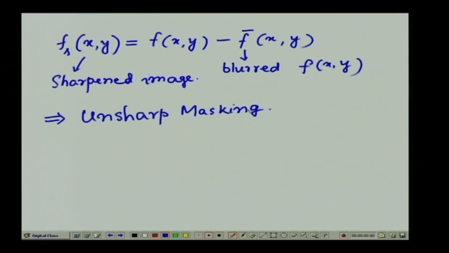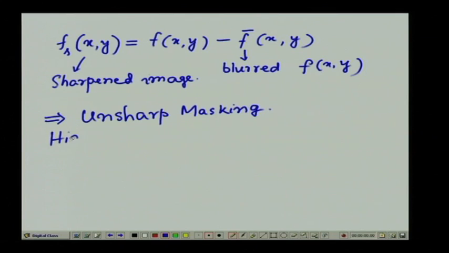Now, we can slightly modify this particular equation to get an expression for another kind of masking operation, which is known as high boost filtering. High boost filtering is nothing but a modification of this unsharp masking operation.